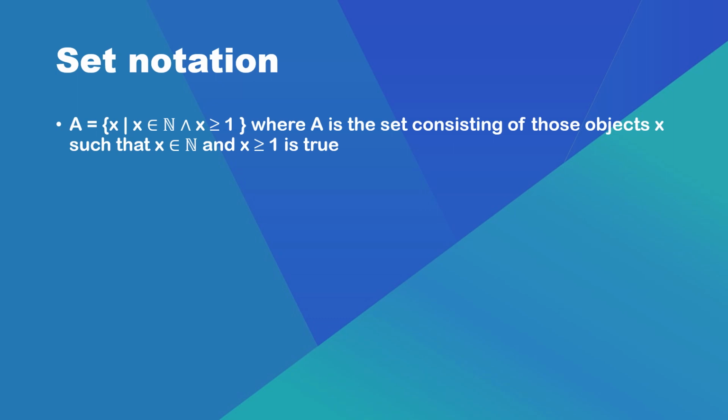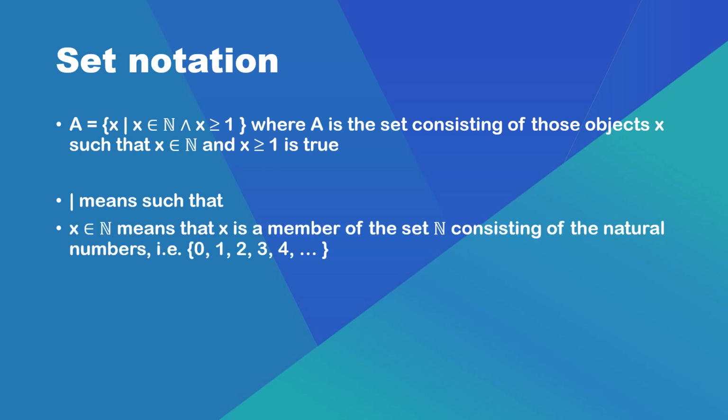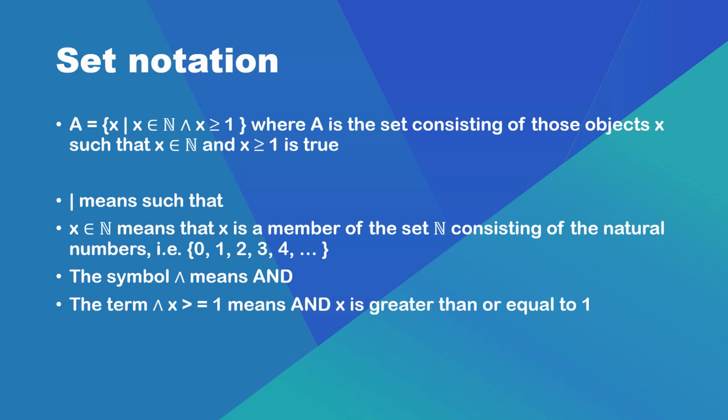If we break it down further, the pipe means such that. x followed by this next symbol for natural numbers means that x is a member of the set of natural numbers. The upwards facing arrow means and, so that next to x is greater than or equal to 1 means and x is greater than or equal to 1. So that means it's one of the natural numbers and then it's greater than or equal to 1. This would be another infinite set.